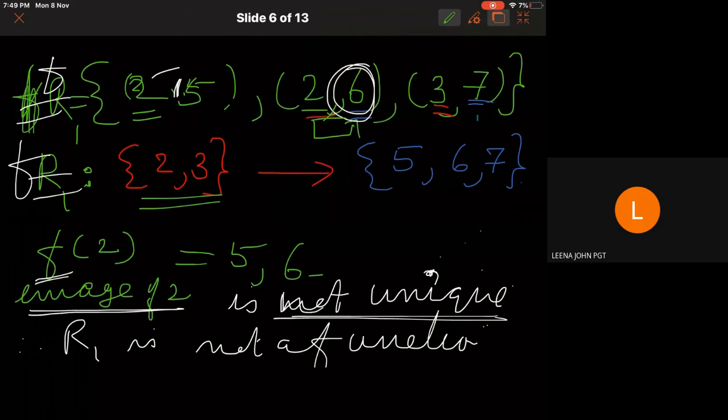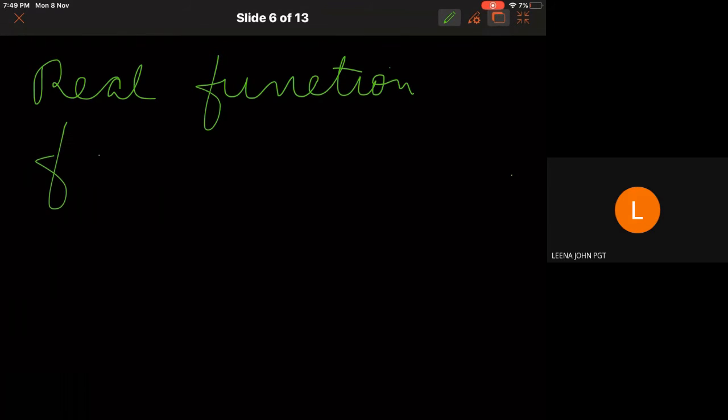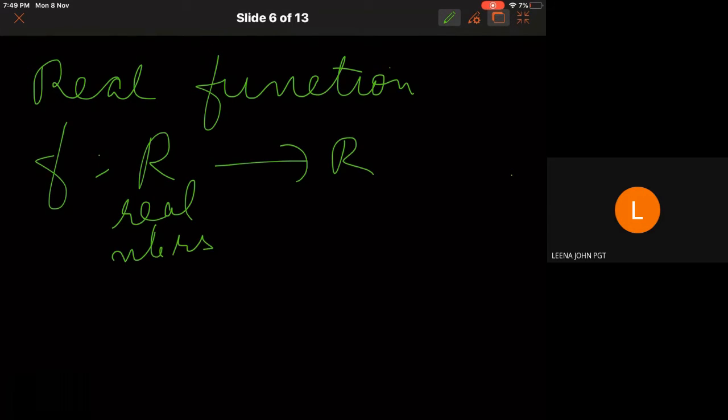Now comes, children, next is a real function. Real function means f is from, you can say R to R. R means real numbers. This also is real numbers. It is not necessary that always it is a real number.